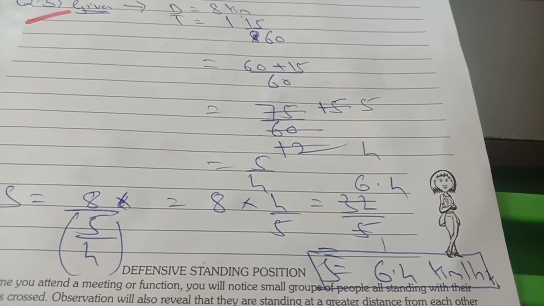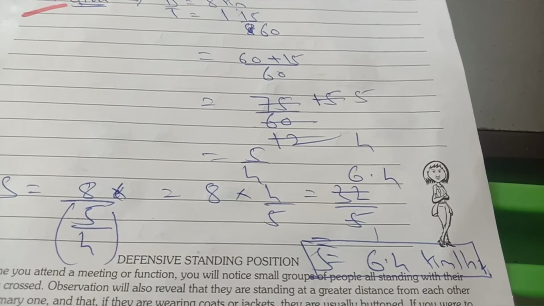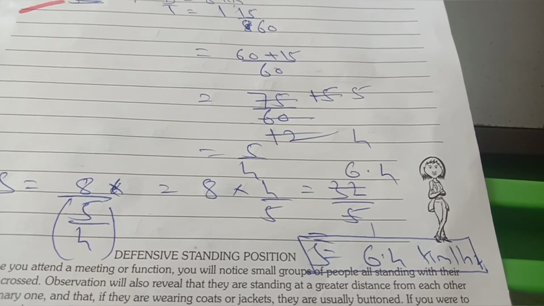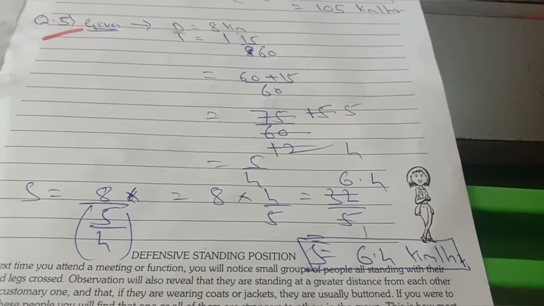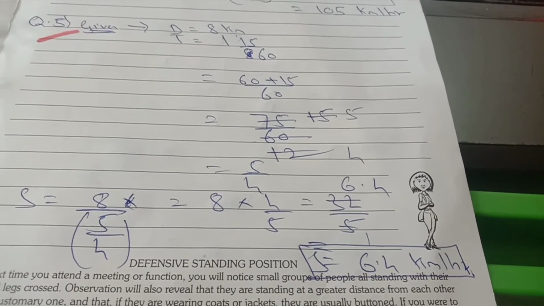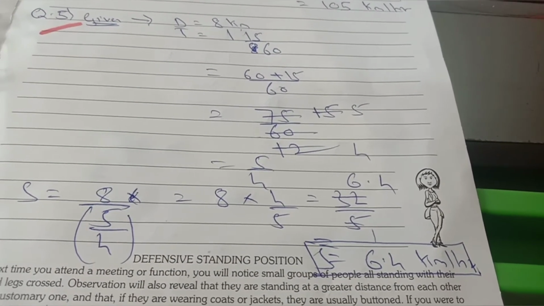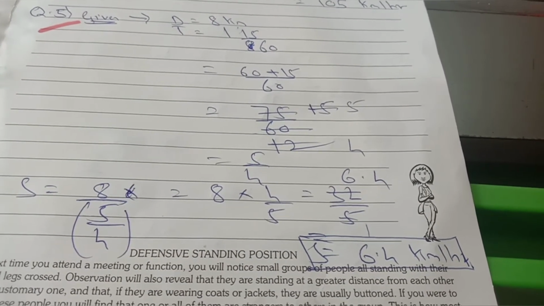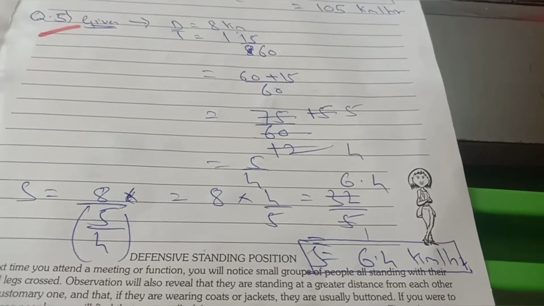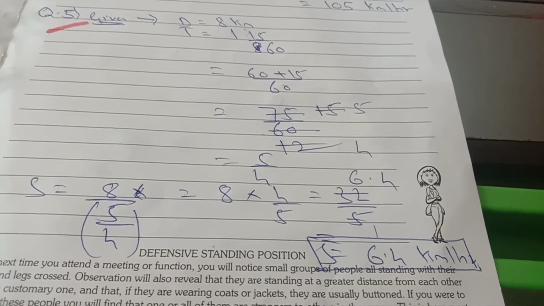Next sum is a man can walk 8 kilometers in 1 hour 15 minutes. Find his speed. So again, speed is equal to distance upon time. So distance is 8 kilometer, time is 1 hour 15 minutes. So the mixed fraction becomes 1 and 15 upon 60 as you have to convert 15 minutes into hour.